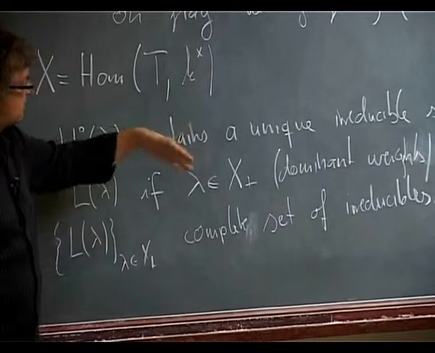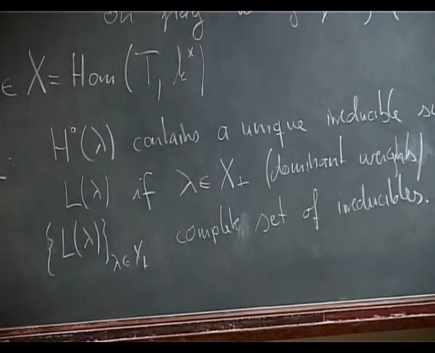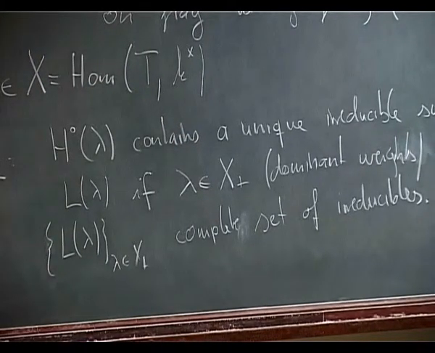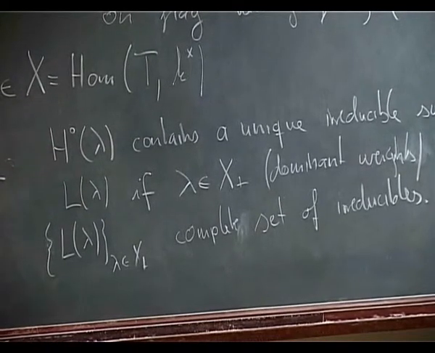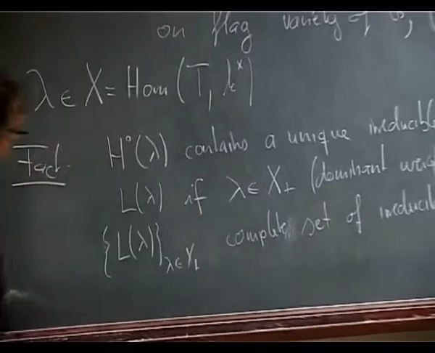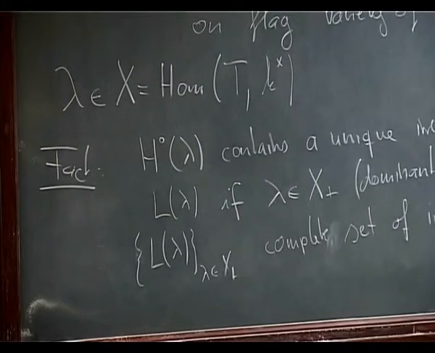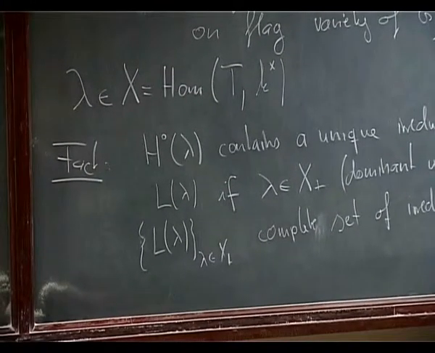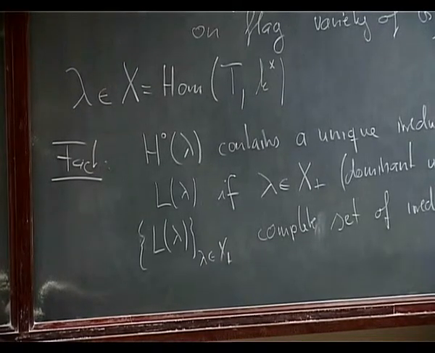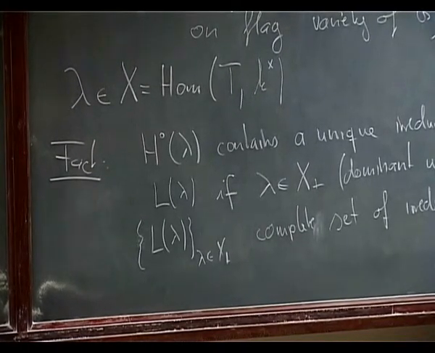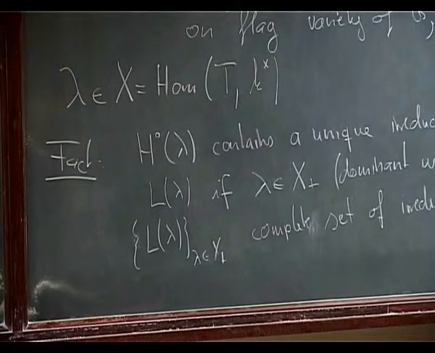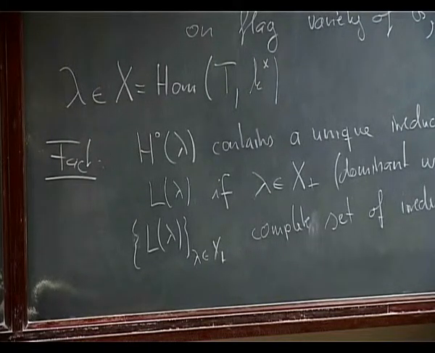This is a lattice, so it's isomorphic to Z to the r, an abelian group, and inside there you have this dominant Weyl chamber, the dominant cone, and it's independent of the ground field K.